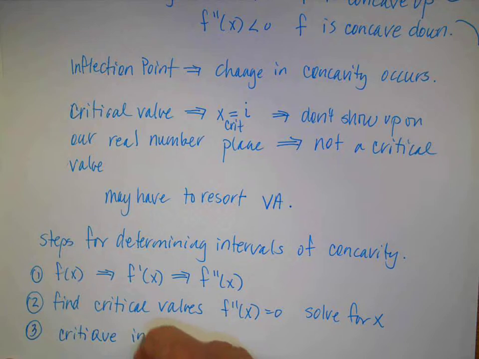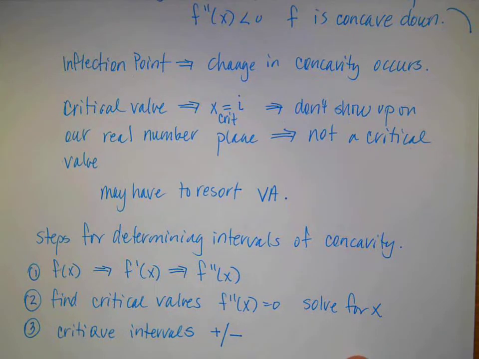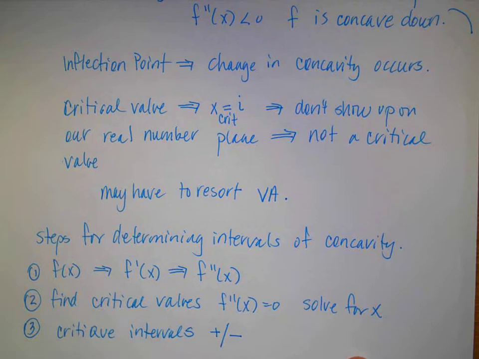Okay? And then I can critique the intervals. And remember, I am looking for positive and negative information. I'm looking for the signs to help me determine my intervals of concavity.